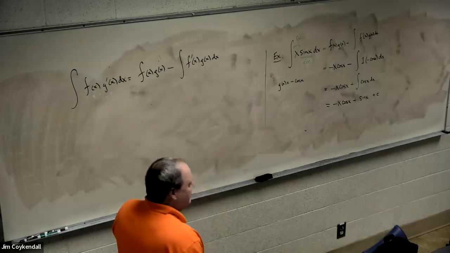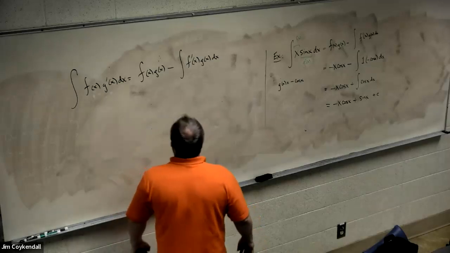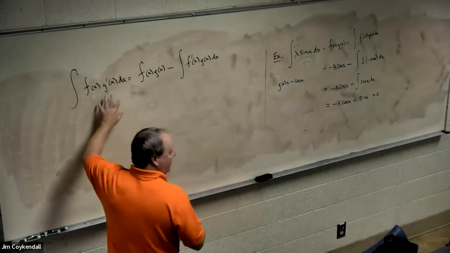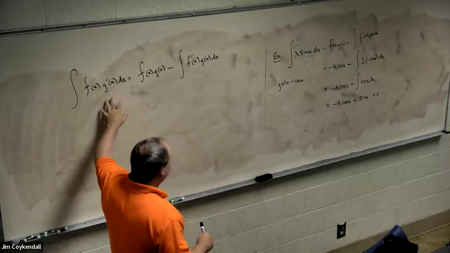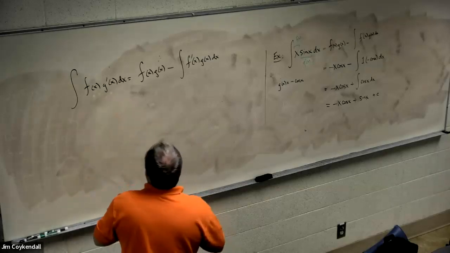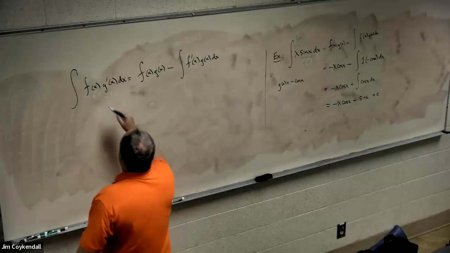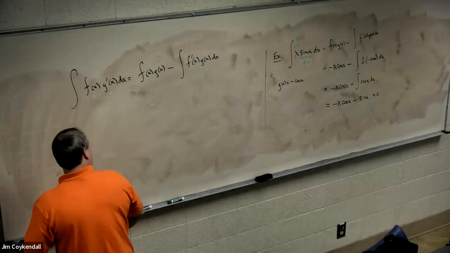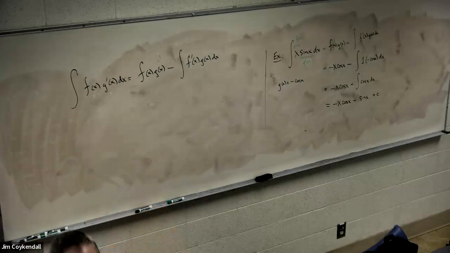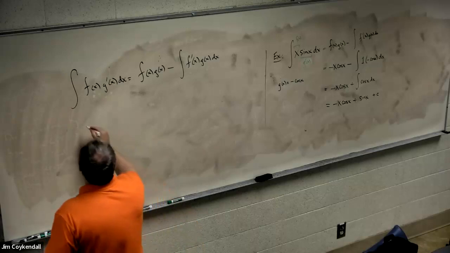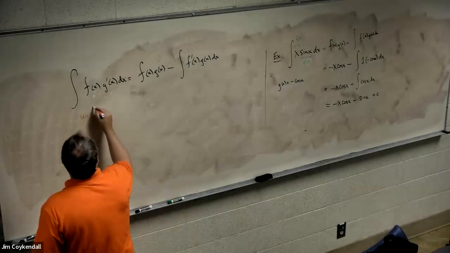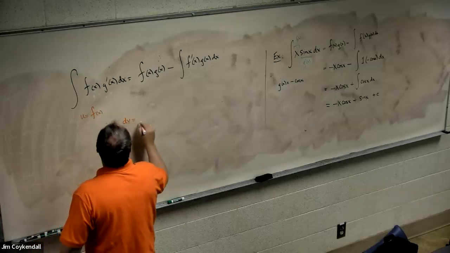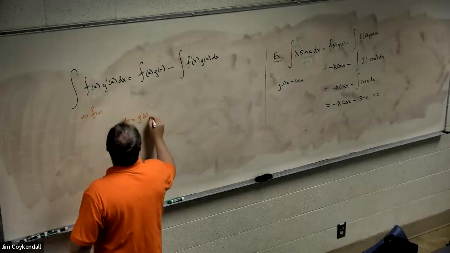Now, let me show you how to do it practically. So let's think of it this way. This is like a U substitution in notation. This is not a U substitution. What we usually do when we're confronted with this problem is we write u as f of x and dv is g prime of x dx.